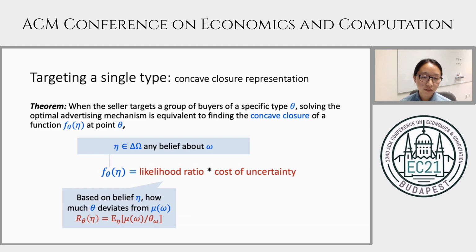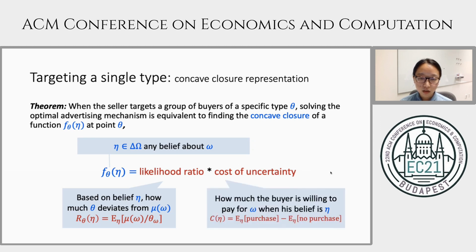So it's defined as the expected ratio between mu omega and theta omega based on belief eta. And the second component is what we call the cost of uncertainty. It represents how much the buyer is willing to pay for knowing omega when his belief is eta. So it's the difference between the buyer's expected utility knowing omega and without knowing omega.